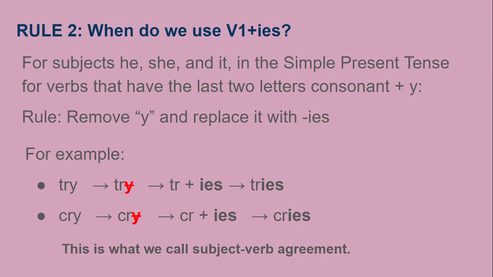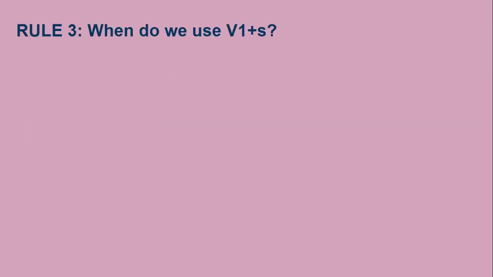Perfect. Let's keep on moving. Let's go to rule 3. So rule 3: when do we use V1, or the verb in its infinitive form, plus the S at the end? As you know, for some verbs we just add S at the end. But for which verbs?